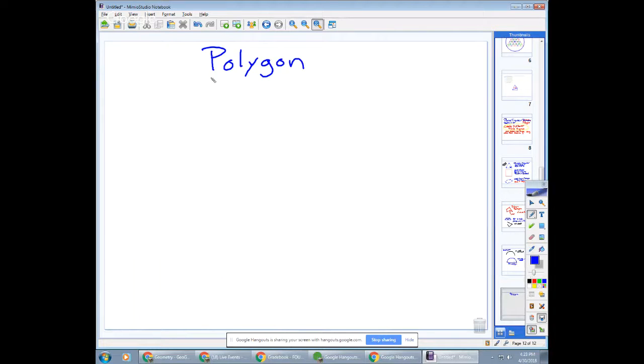So there's all different kinds of polygons, and we classify them by side. So we have our triangles, right? And there are special kinds of triangles, like right triangles. And there's isosceles triangles.